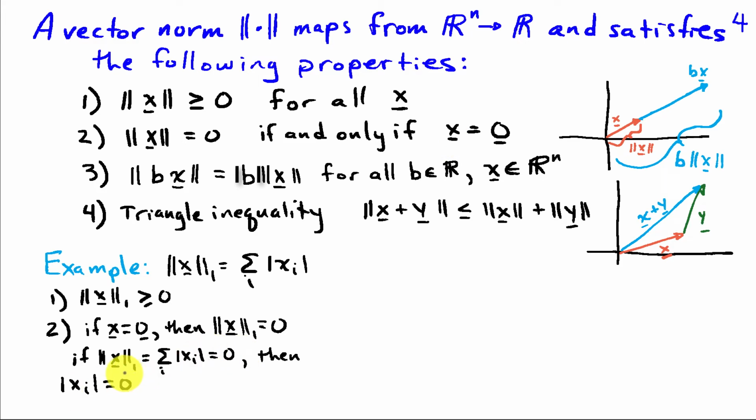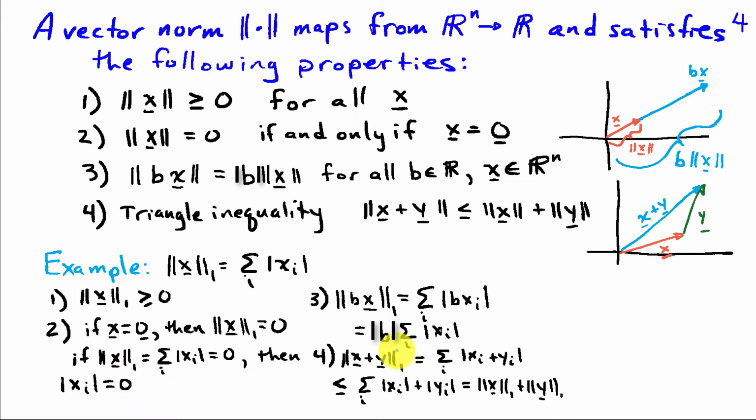If, on the other hand, the L1 norm is 0, that's telling us the sum of absolute values has to be 0. And since absolute values cannot be negative, the only way for this to be true is if each absolute value must be equal to 0, and that implies, of course, that x has to be equal to the all zeros vector. Now the third property is that if we scale x by b, the norm should scale by b.